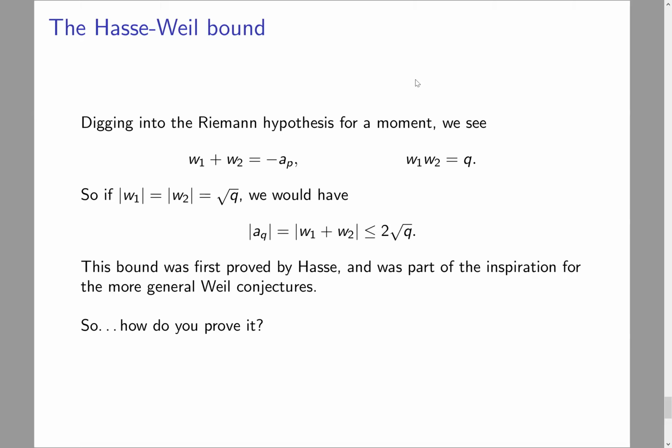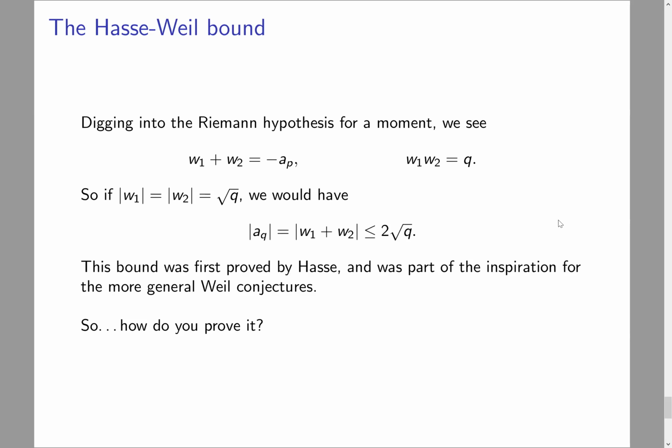So if we knew the Riemann hypothesis, if we knew that their sizes were q to the 1/2, root q, then the size of a_q should be, by the triangle inequality, less than or equal to 2 root q. Remember, this is that error term that I was talking about, how different the true point count is from the quantity 1 plus q.